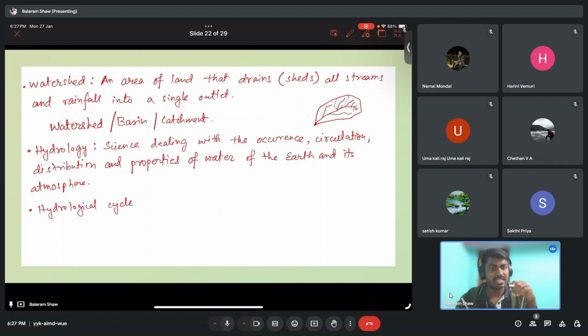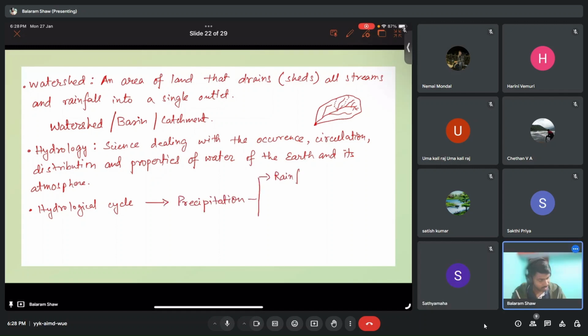Second, how we can measure it. We'll mostly be studying rainfall: why rainfall comes, how to measure it, what we can do after measuring it, and if there are any missing rainfall data, how to interpret that and fill it in. This precipitation can be divided based on several classifications. It can be rainfall.